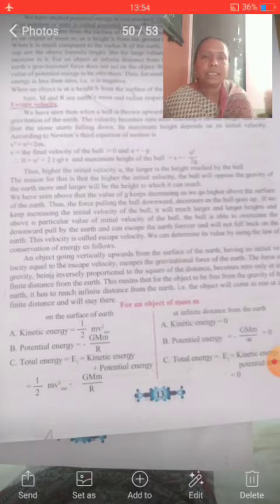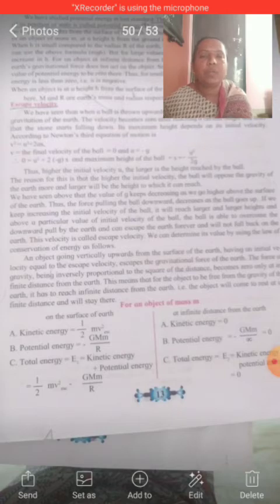Escape velocity is the initial velocity obtained by the object which helps it to move out of the earth's gravitational force area, and it escapes from this area. It never comes back towards the earth again. It goes to infinite distance.